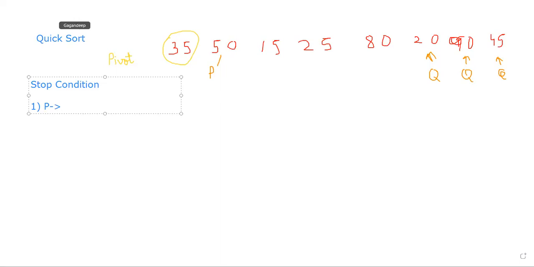If P is greater than the pivot element, then we are fixing this value, meaning we are not moving.